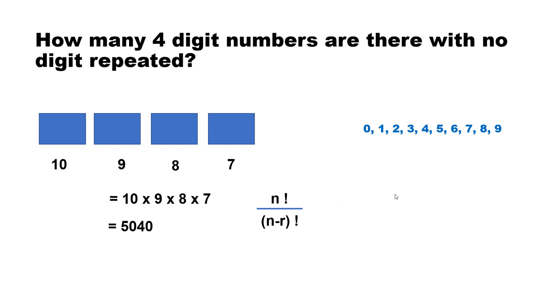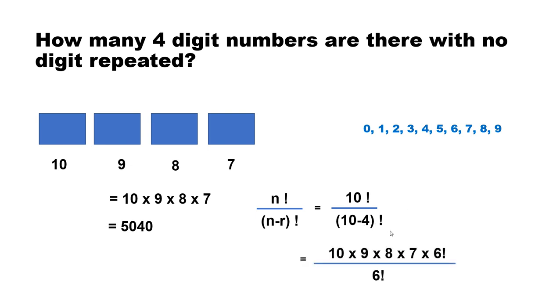So n factorial divided by (n minus r) factorial is equal to 10 factorial, since there are 10 digits available, divided by (10 minus 4) factorial. That gives us 10 times 9 times 8 times 7 times 6 factorial divided by 6 factorial. I could have written it fully, but since I know that the denominator is going to be 6 factorial, I leave it here so that I can cancel them off easily and just multiply the rest of them to find the answer.